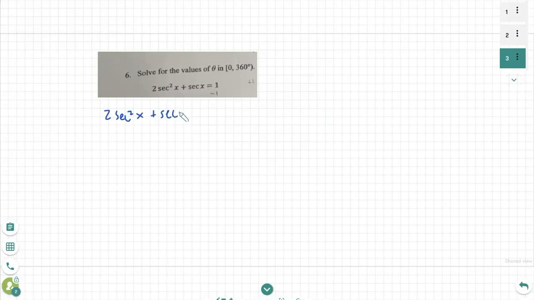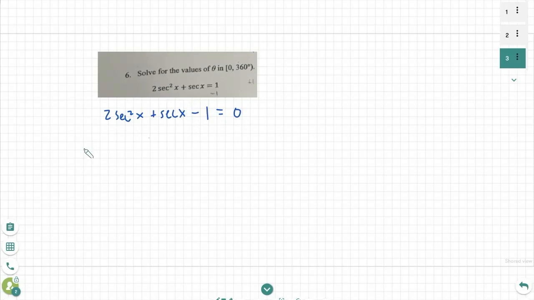All right, so first, get it on one side. So subtract 1: 2 secant squared x plus secant x minus 1 equals 0. And then you can factor by doing the 2 brackets.